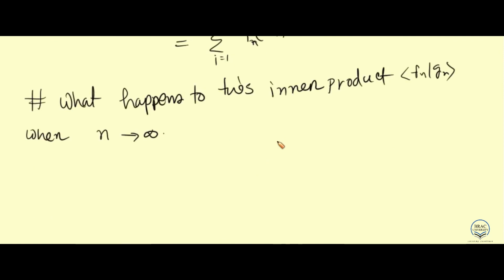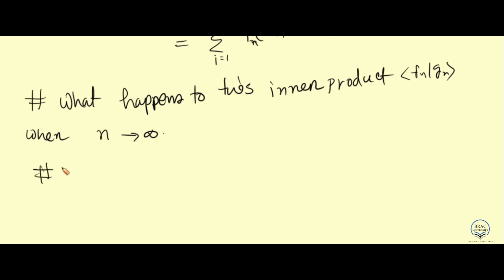So a natural choice that will give us a smooth limit when n goes to infinity is to replace this inner product.